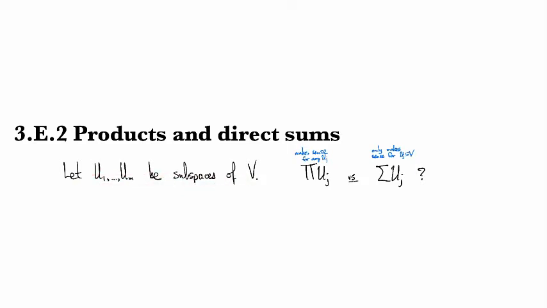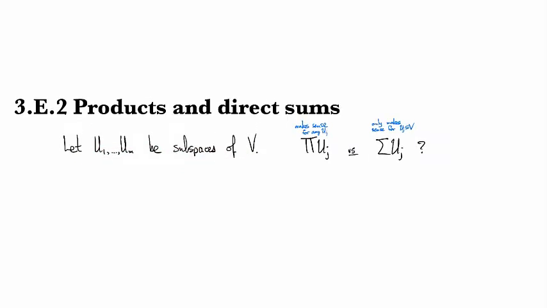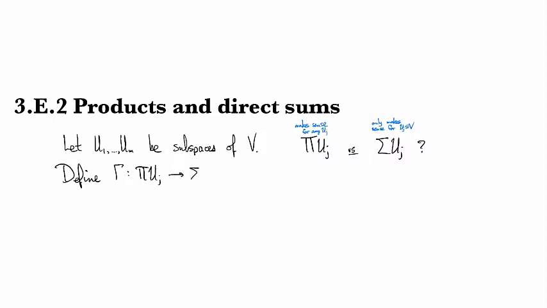So, let's see. Now, in the case when we do have all UJs living inside the same V, what's the difference between these two constructions? Well, it will help us to look in this case at a map that goes from the product to the sum.